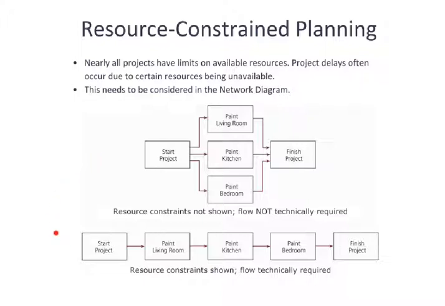Therefore, both of these network diagrams are correct and both are incorrect. It totally depends upon the actual resources that you have on the project. And your job as the project manager is to be certain that your network diagram is realistic to the resources you have.